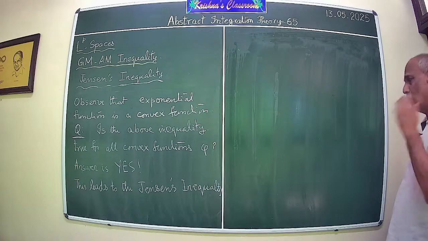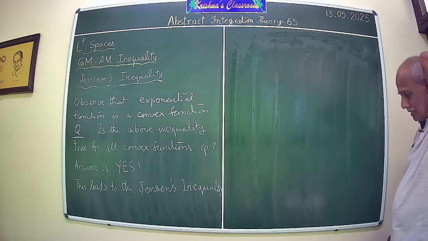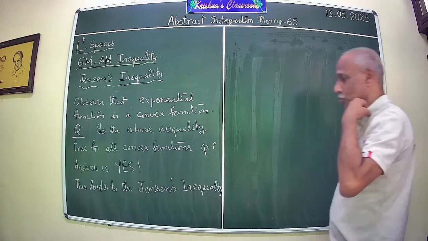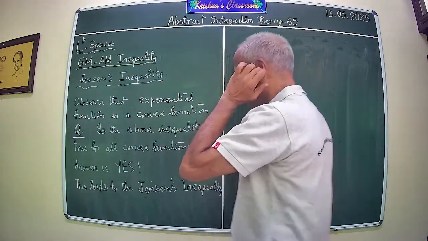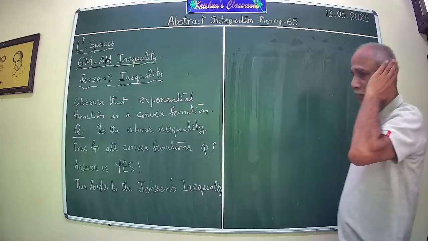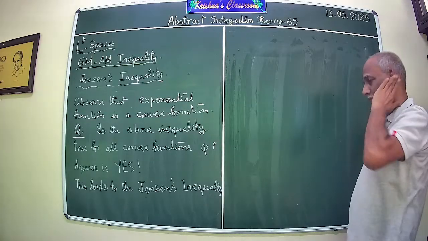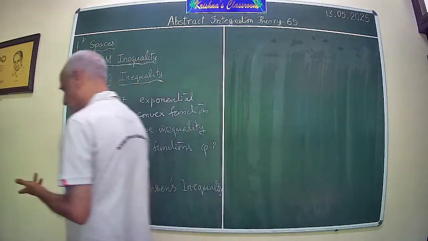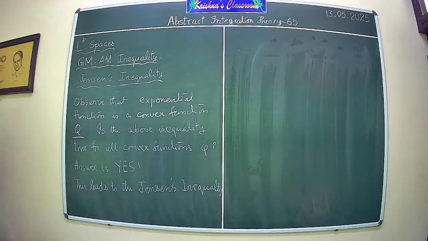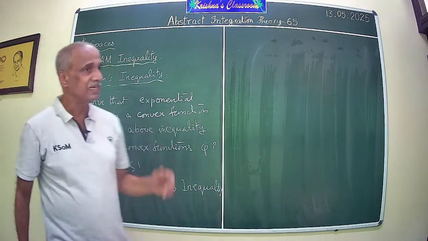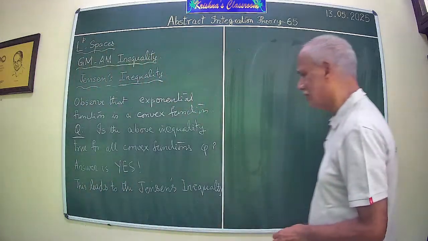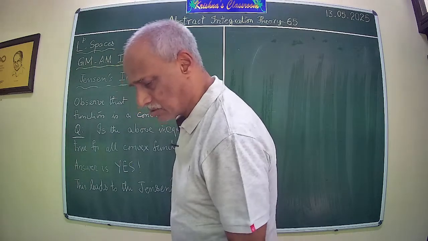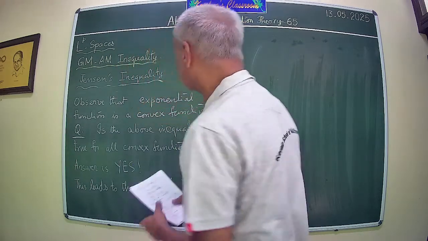In fact, it's a whole class of inequalities that you can develop by choosing functions f, mu, I mean the measure space, then the convex function phi, and the f appropriate. So it gives a very general expression of this inequality. So let me just make the statement of the theorem.